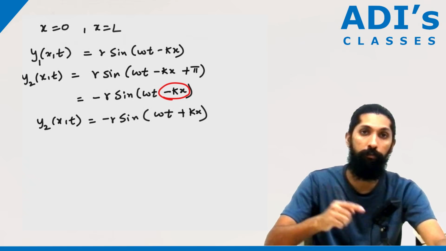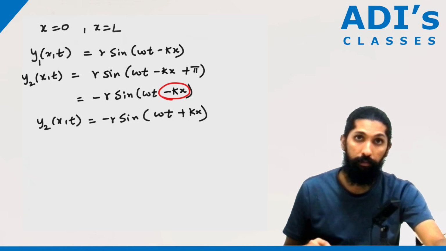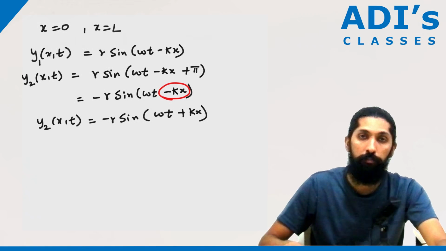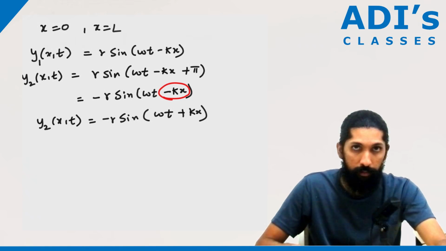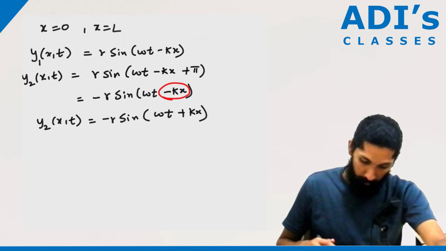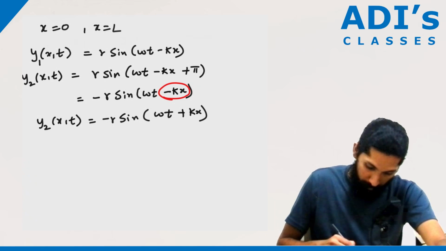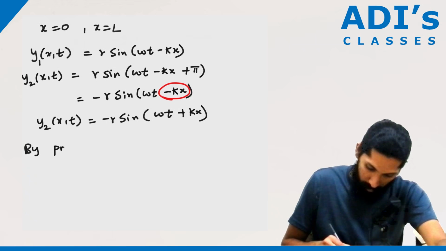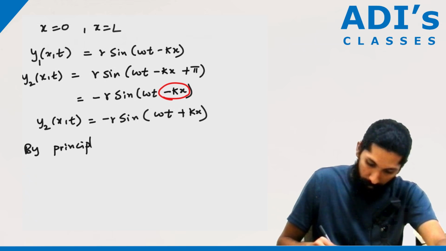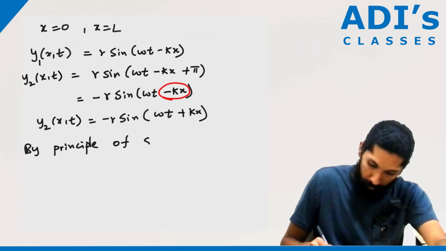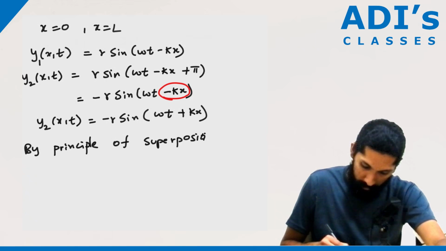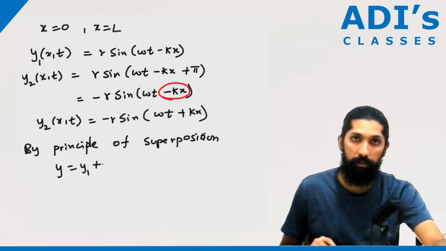Now we have two waves, y1 and y2. Now superposition. Superposition is what? We have to add both of them, correct? So by the principle of superposition, we have y is equal to y1 plus y2, isn't it?